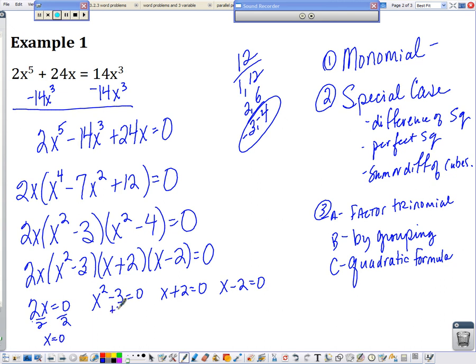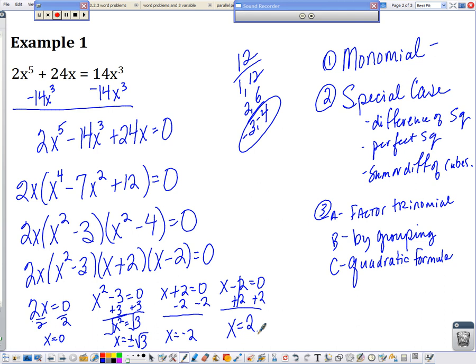This one, remember I have to add 3, and since I have an x squared, I have to take the square root. So I actually get x equals the positive or negative square root of 3. This one I minus 2, so x could be negative 2. And this one I add 2, and I get x equals positive 2.